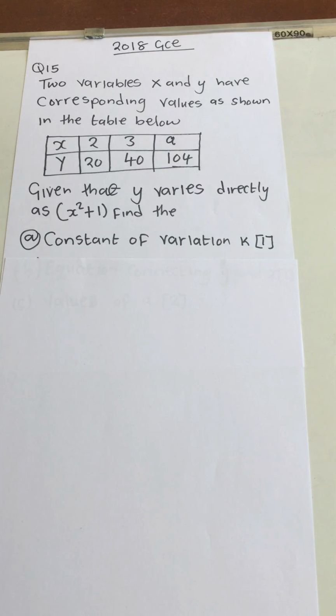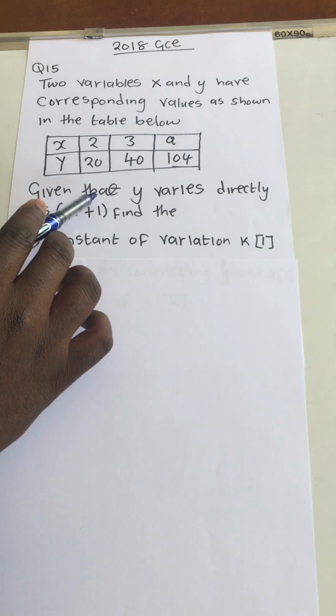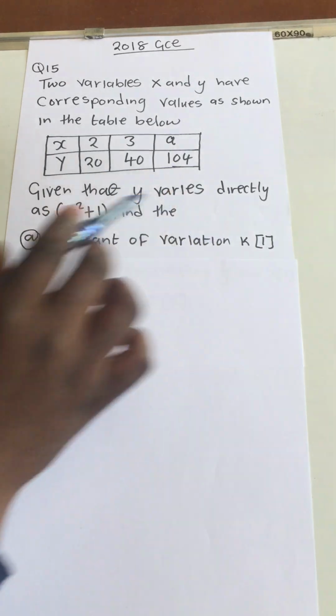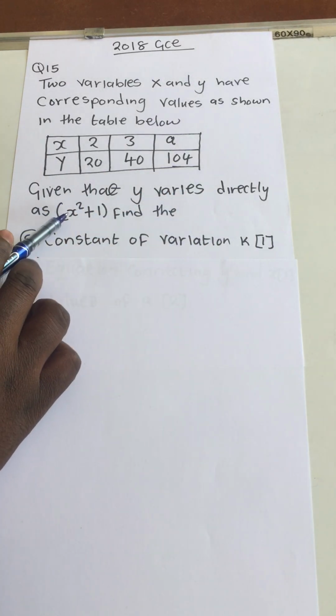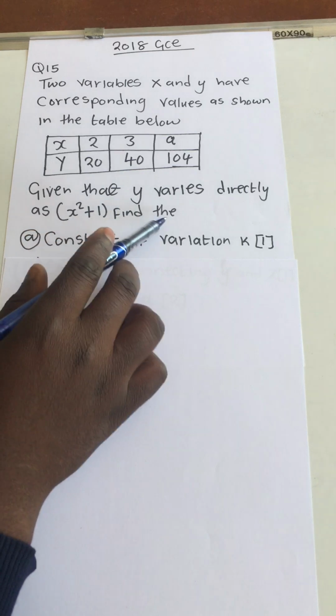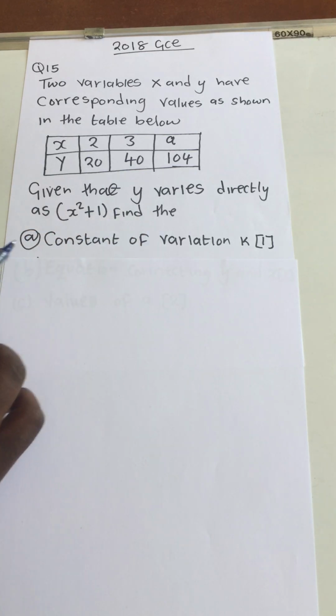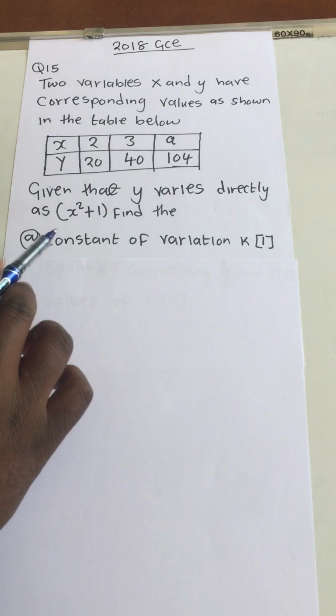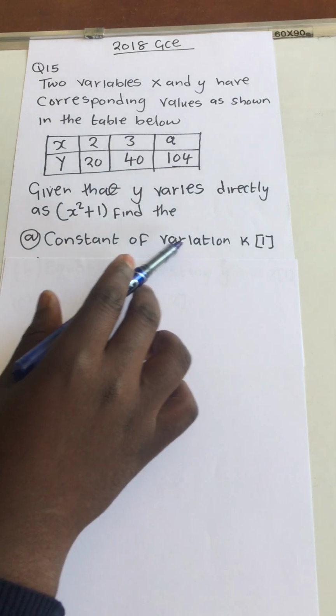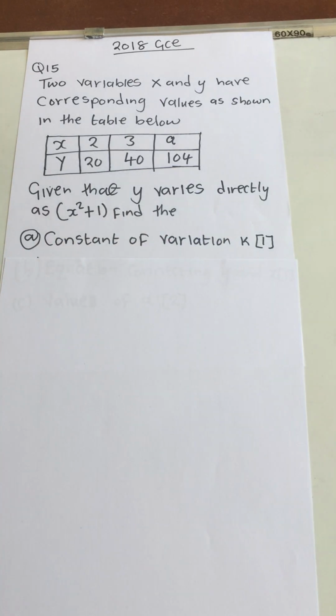The first question reads: given that y varies directly as (x squared plus 1), find the constant of variation k. So the first thing you have to find is the value of k. Lucky enough, you have been given the formula.